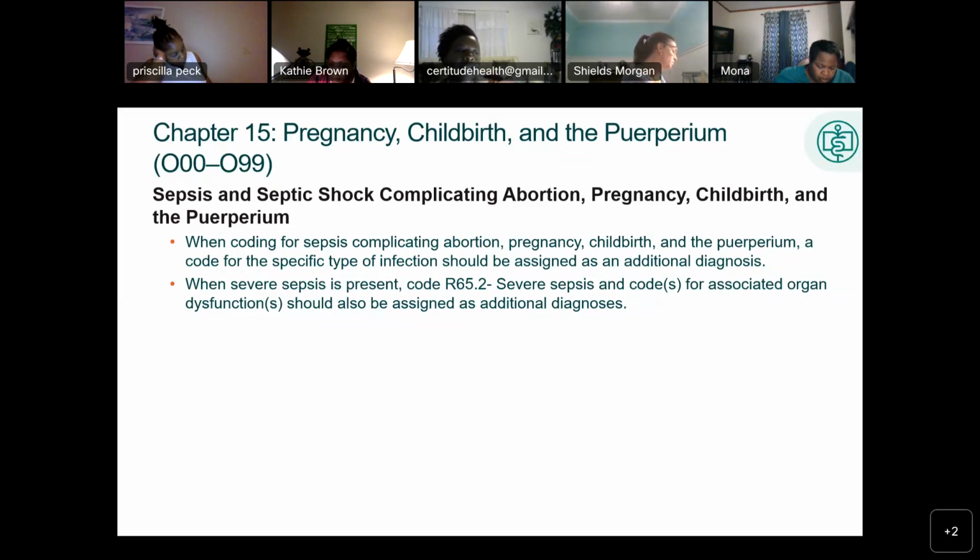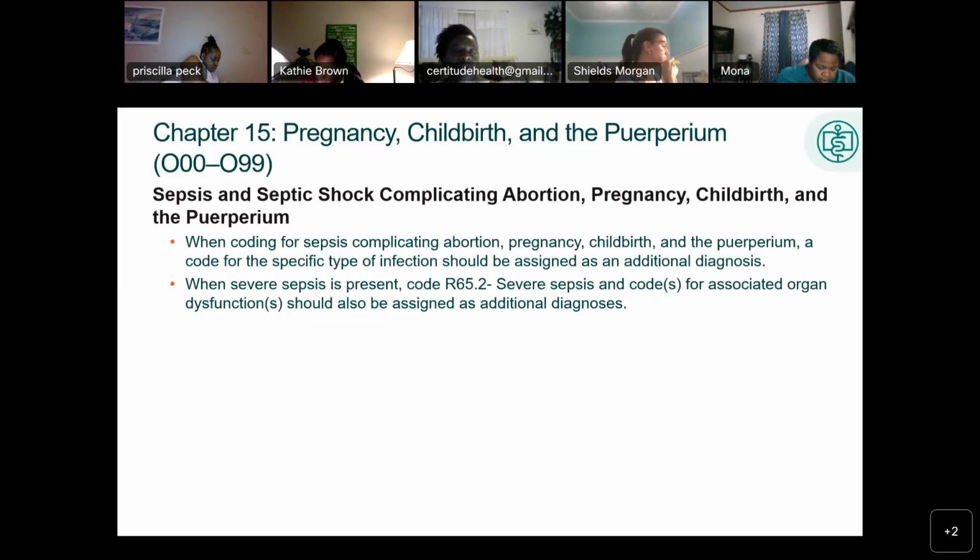There are specific guidelines for that that are very similar to what we saw in chapter 1 for the sepsis guidelines. So when coding sepsis for pregnancy, a code for the specific type of infection should be assigned as an additional diagnosis. Your first code will be the O code, and the second part of that guideline is when severe sepsis is present.